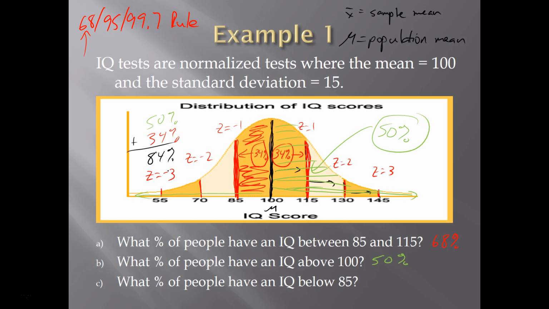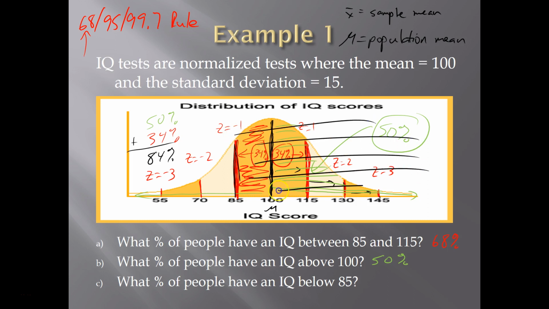So I've got 84% of my data to the right. Well, if 84% is to the right, then 16% must be to the left. 16 plus 84 is 100%. That's all our data. So that's probably the easiest way to go about doing it.